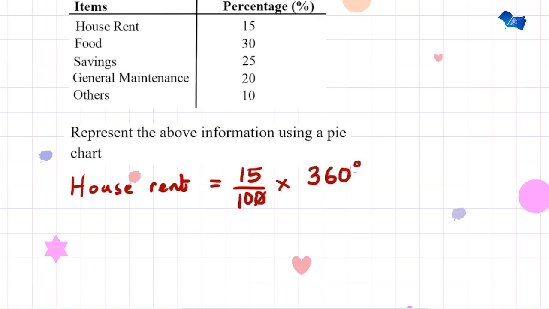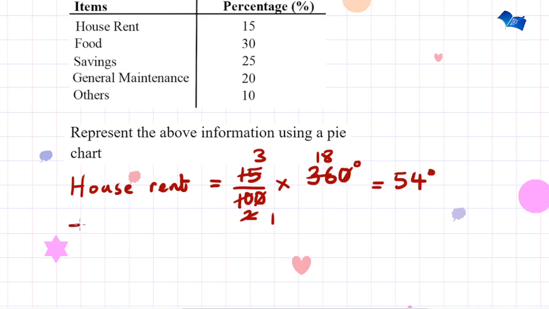So 0 cancels 0, 5 can go into 10, that would be 2, 5 into 15 is 3. 2 can go into 36, that is 18. So we now have 3 times 18, which is 54. So 54 degrees is the sectoral angle for house rent.